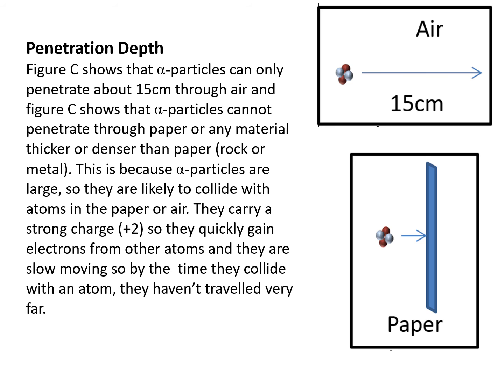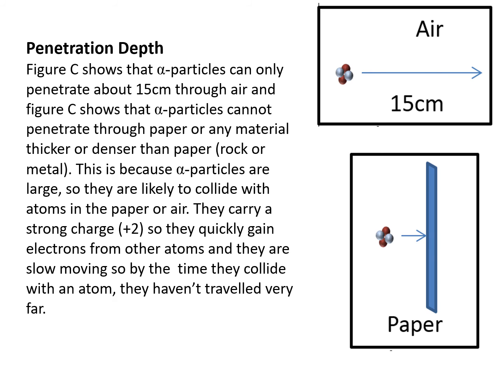This is because alpha particles are large, so they are likely to collide with atoms in the paper or air. They carry a strong +2 charge, so they quickly gain electrons from other atoms, and they are slow moving, so by the time they collide with an atom, they haven't travelled very far.